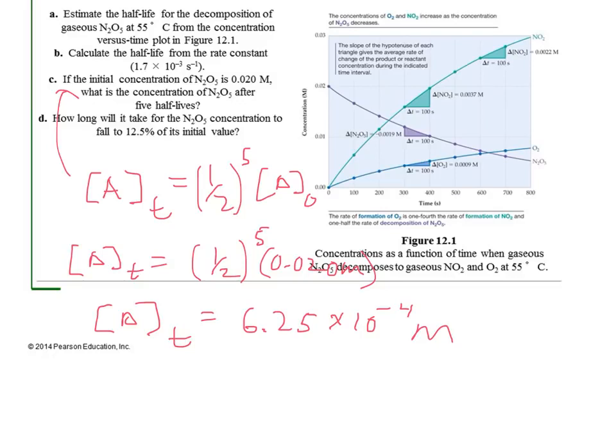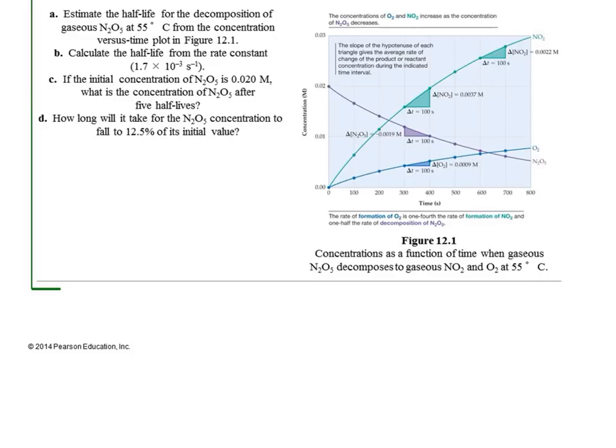Let's take a look at D. How long will it take for the dinitrogen pentoxide concentration to fall to 12.5% of its initial value? So from the way they have it phrased there, they want your A sub t to be 12.5% of A sub 0.